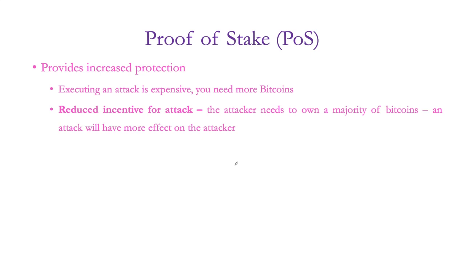So any attacker needs to spend more bitcoin and get less reward. So what is the use of that? In that way, it will somehow reduce the attackers in the network and protect the network because of this stake.